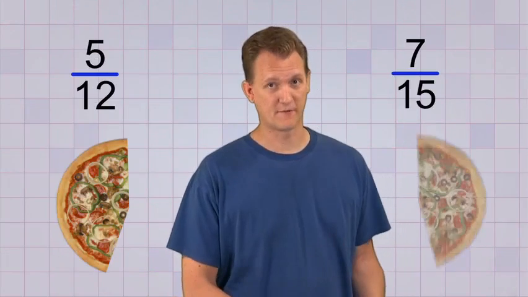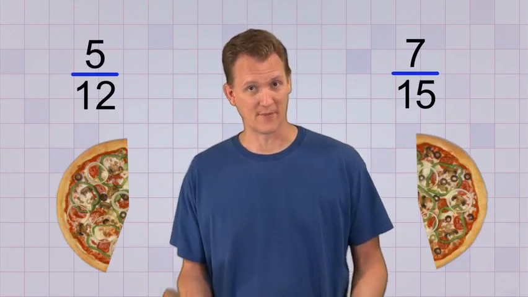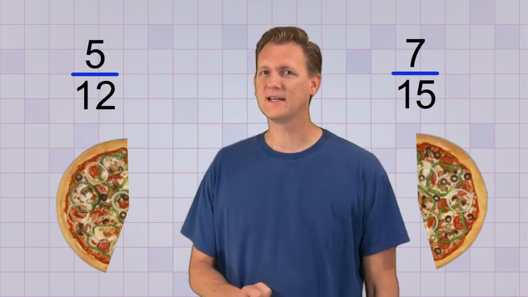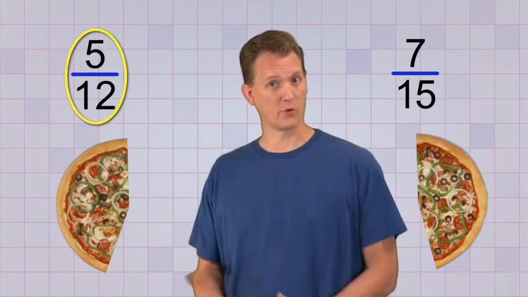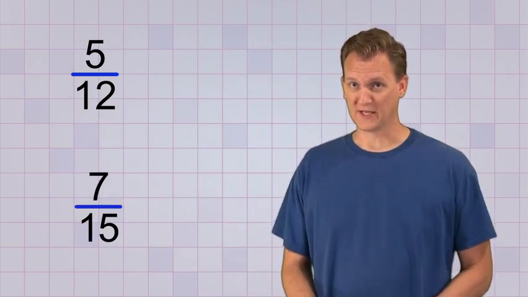For example, let's say I offered to give you either 5/12 of a pizza or 7/15 of a pizza. Now you happen to be really hungry, so you want to choose the biggest amount. But it's not very easy to tell just by looking which is bigger. 5/12ths, or 7/15ths. This is where decimal values can really help you out.